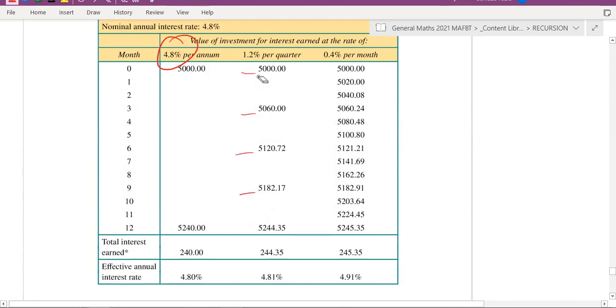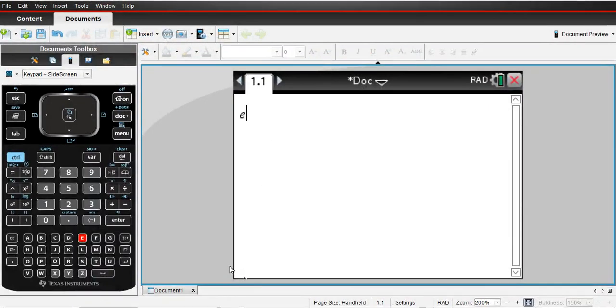That's 4 because it's quarterly. And this one would have 12. So 12 compounds. So let's figure out how they got these as the effective rates. So if my nominal rate is 4.8%, on my CAS, I would write, if I want to find my effective eff, the first number is the percentage, so 4.80.